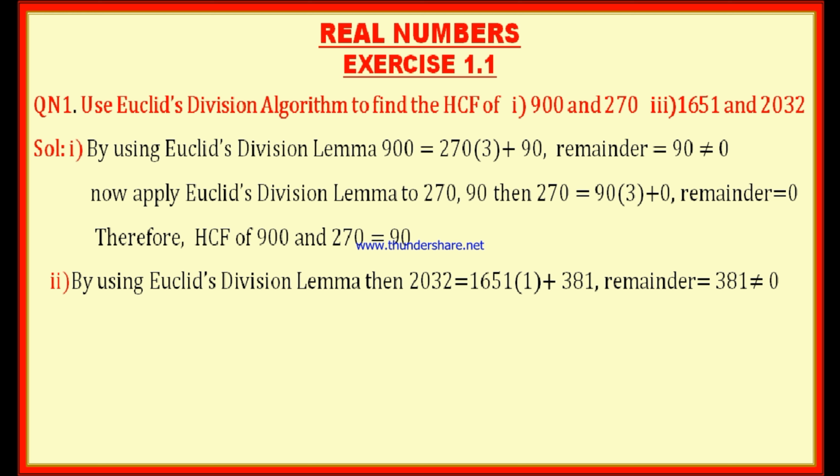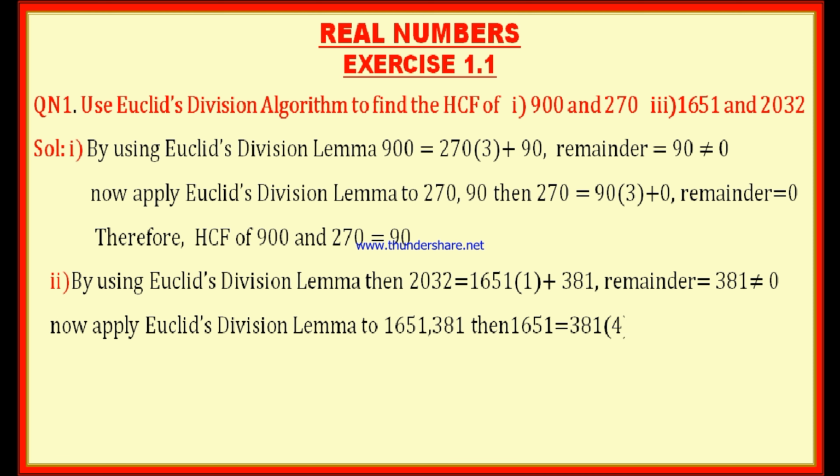Now, what is the quotient and what is the remainder? The quotient is 1 and the remainder is 381. Now apply the division lemma to 1651 and 381. 381 goes into 1651 4 times, and the remainder is 127.